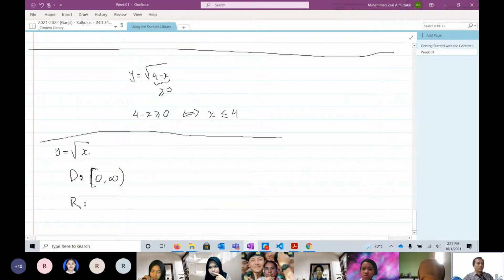As x increases, the value of the square root of x also increases. Let's say the square root of 10,000. What is the square root of 10,000? 100. And if we increase x until infinity, then what is the square root of infinity?